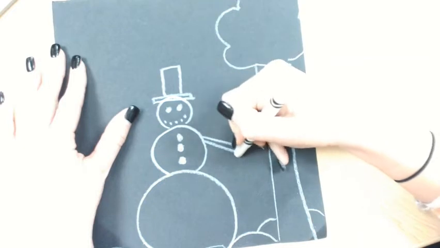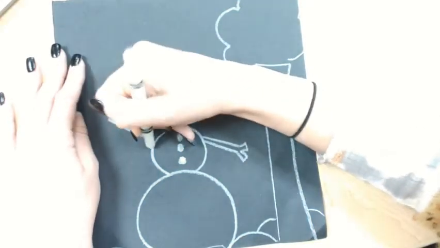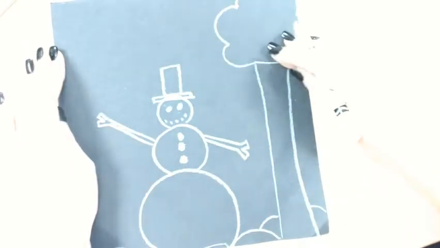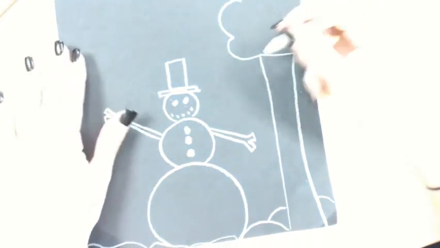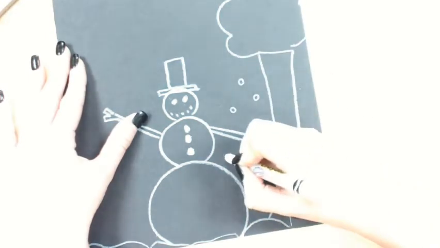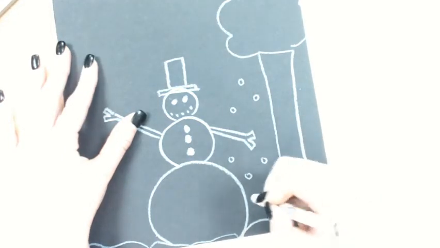My rectangular arms. I'm going to make them look like tree branches. Now I'm going to draw a bunch of circles in my background to show that it's snowing.